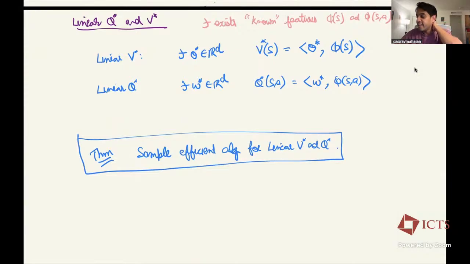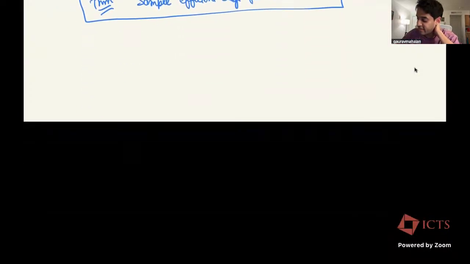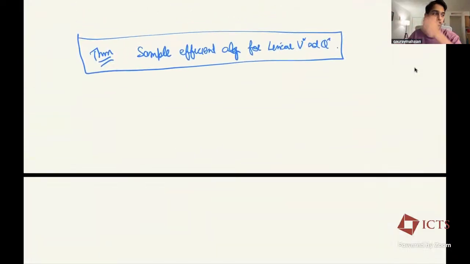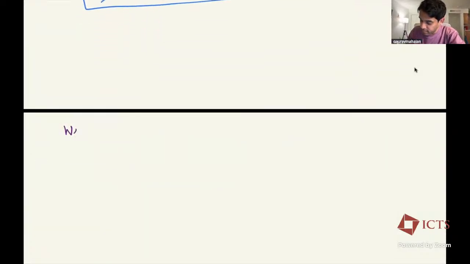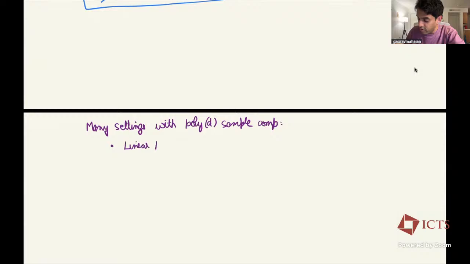Okay, and there are many more settings where you can get this. For example, linear MDPs, where you assume the transition function is linear.